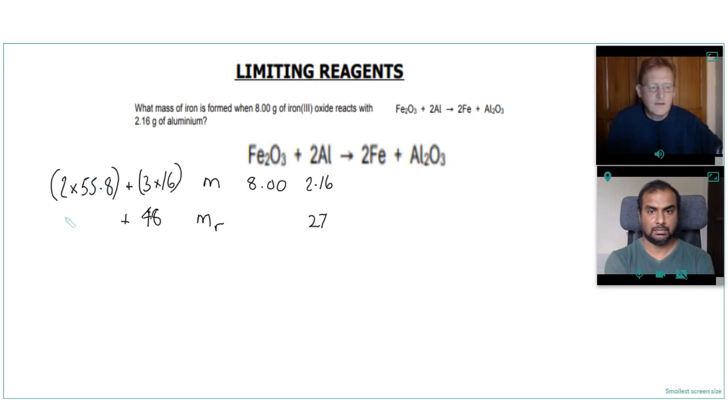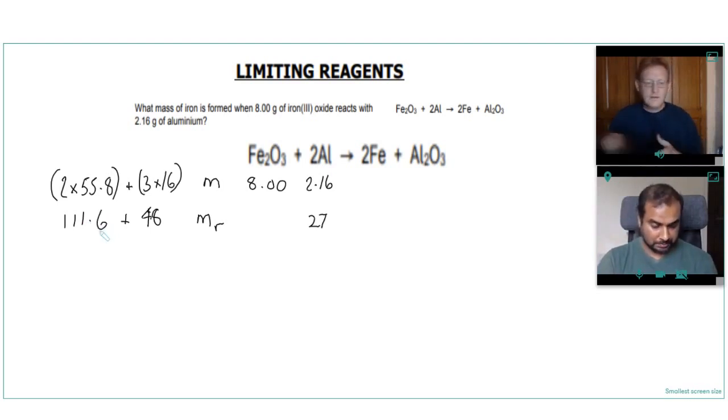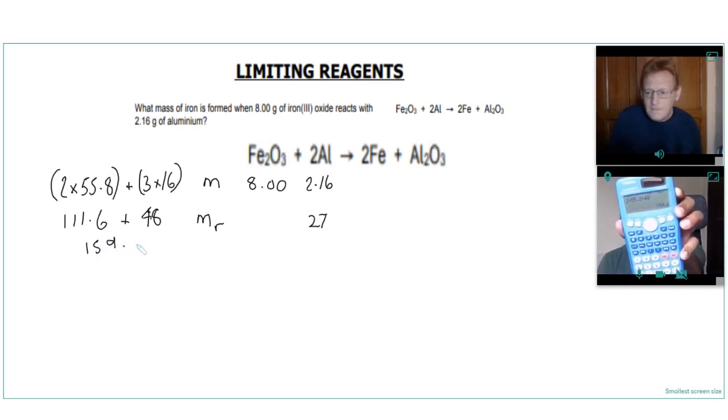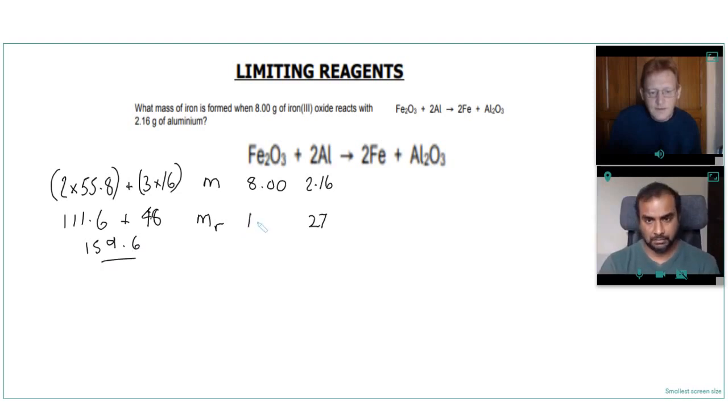And add them together. Gives us 159.6. Yeah. So we can put that in here.